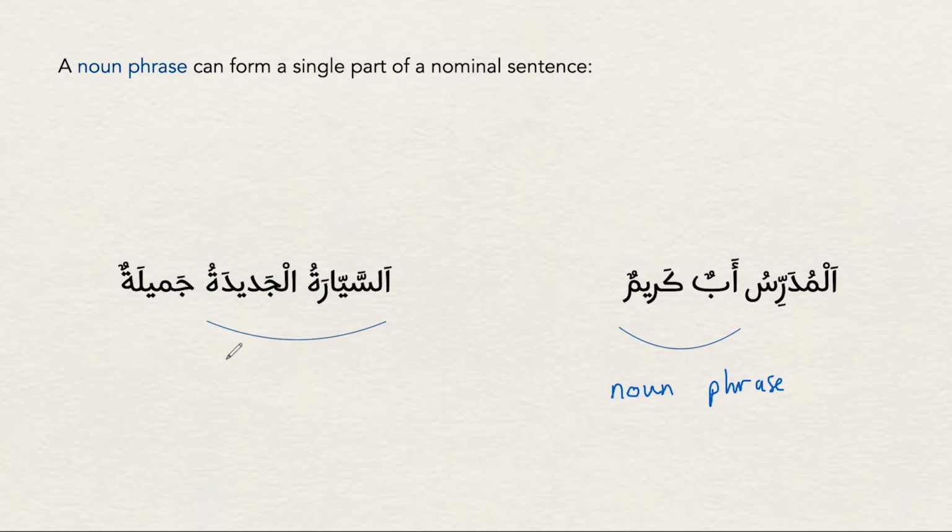The noun phrase is the subject. And it's as-sayyaratul jadidatu jamilatun. So the new car here is beautiful. The new car is beautiful. Again, this is a definite noun phrase there, which establishes the subject.